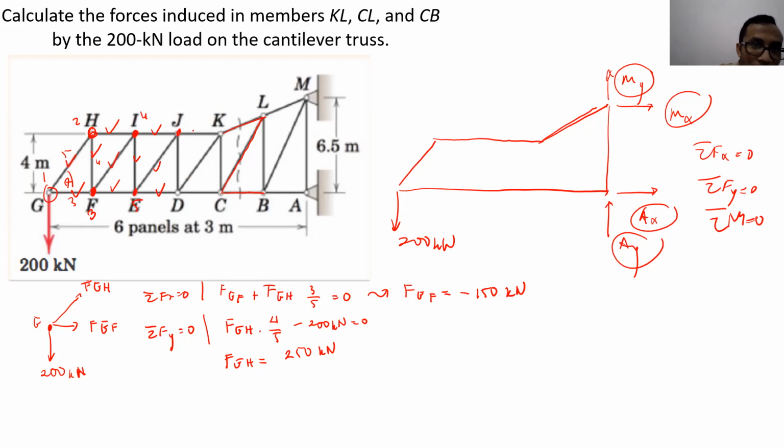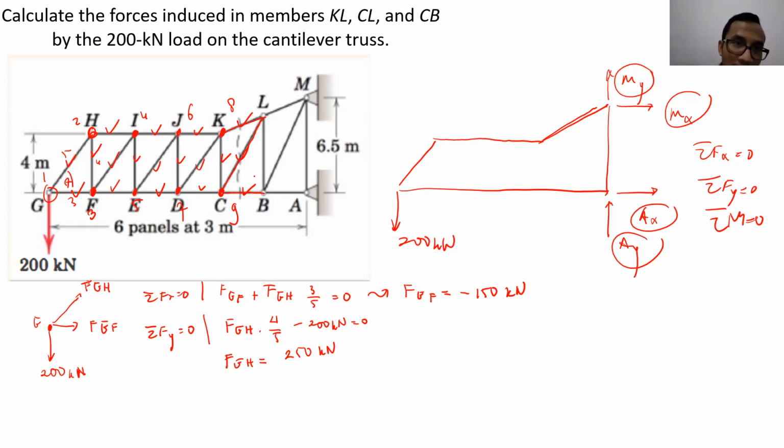Then joint G to solve for this and this. This is number 6. Then joint D to solve for this and this. And then we have to go for joint K to solve for this and this. This is number 8. Then at the end, we can go for joint C to solve for this and this.